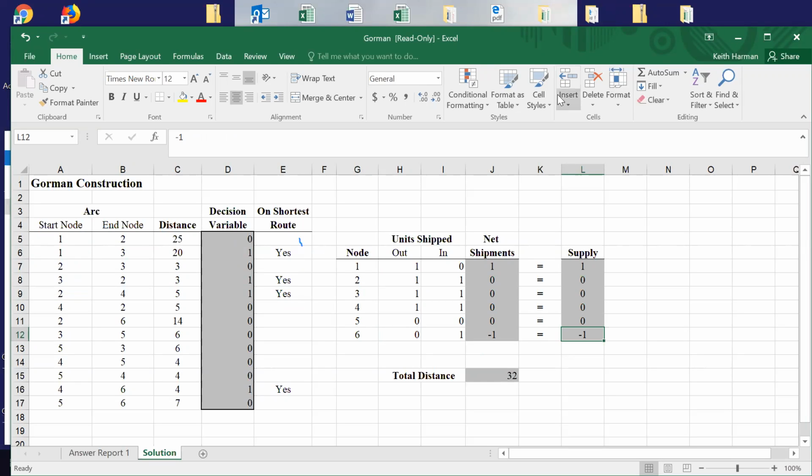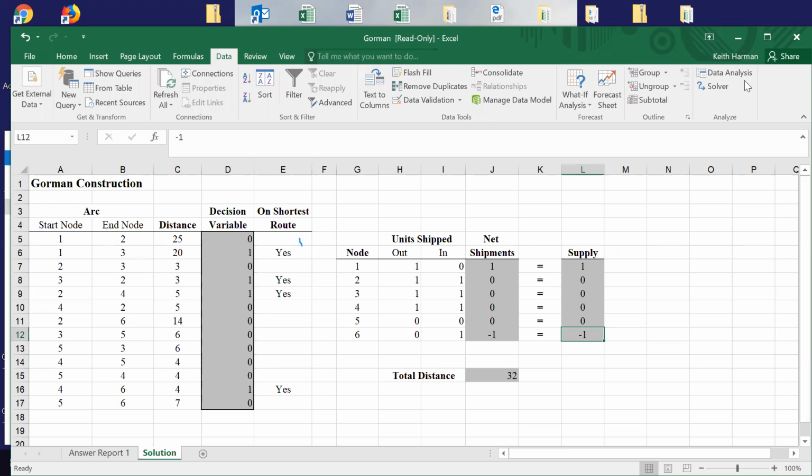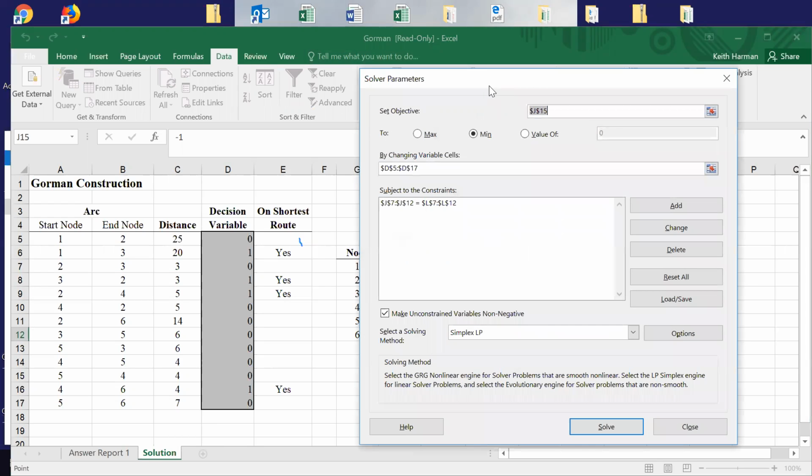Now let's click on the data for a sec and take a look at Solver. You'll see what we're doing here. We're minimizing J15, the total distance, and we're changing the cells, that array, D5 to D17.